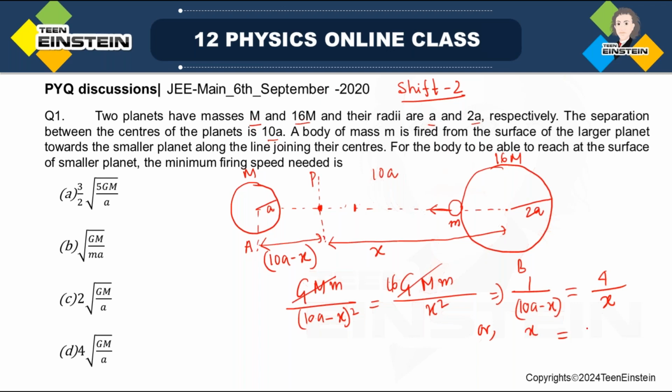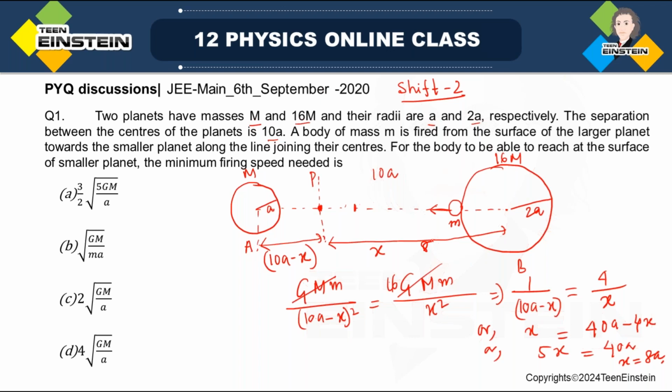Now I can simplify and solve for x. x is equal to 40a minus 4x, so 5x is equal to 40a. Then you get x is equal to 8a. Okay, this is what we get: x is equal to 8a.